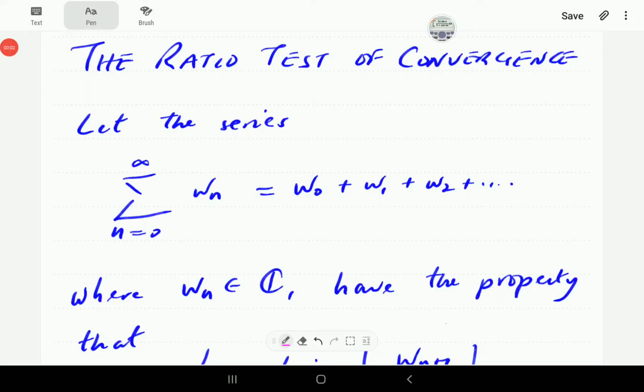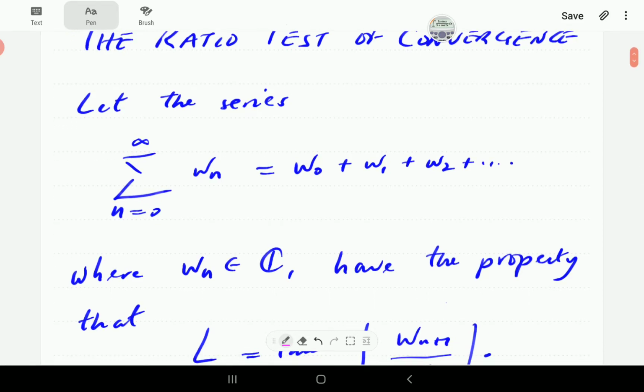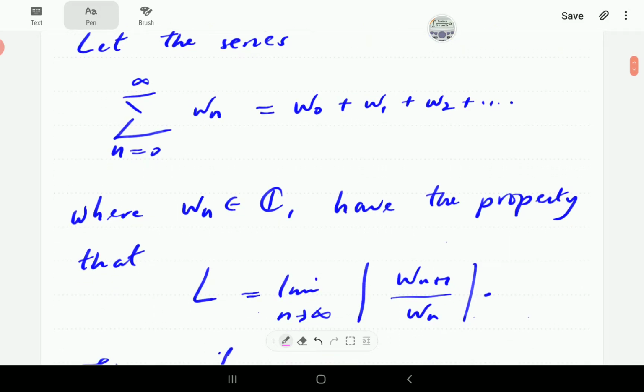In this video, we're going to look at the ratio test of convergence for series. In particular, we're going to consider series where Wn is a complex valued function, as this is for a complex calculus type of course.